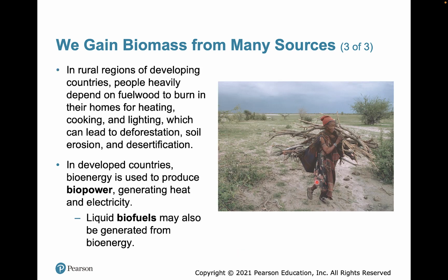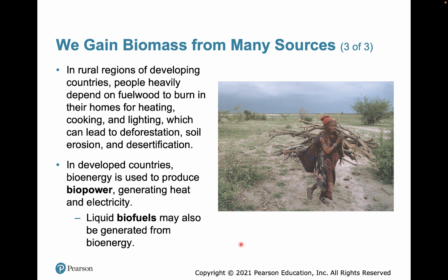In rural regions, this is super important. In the developing world, people tend to rely heavily on biomass, fuel wood in particular, like you can see in this picture here, because it's readily available. And we talked about this when we talked about the forests. When you use what's there, it's the cheapest, most available fuel source for cooking and heating homes, and lighting too.